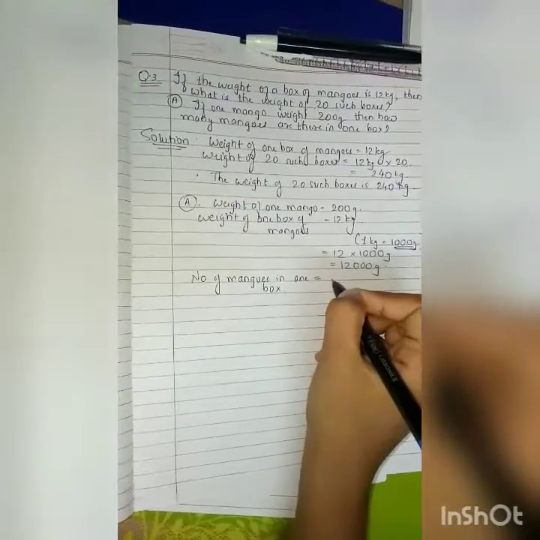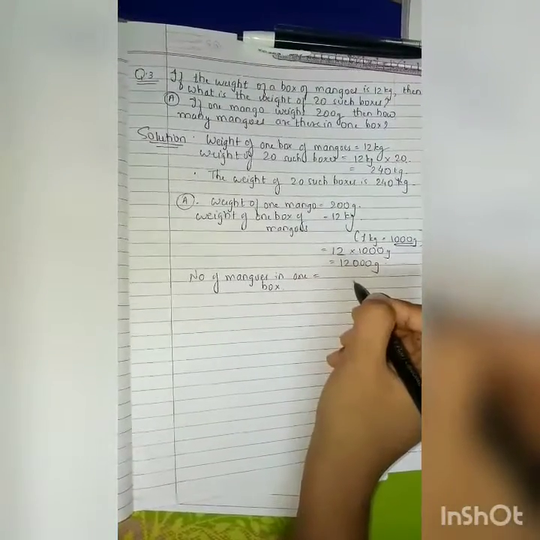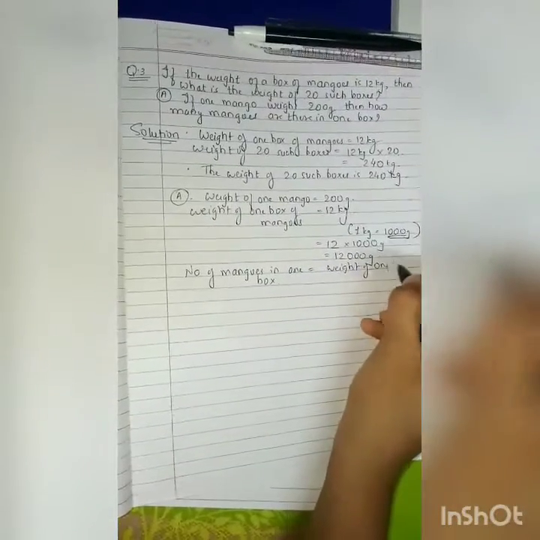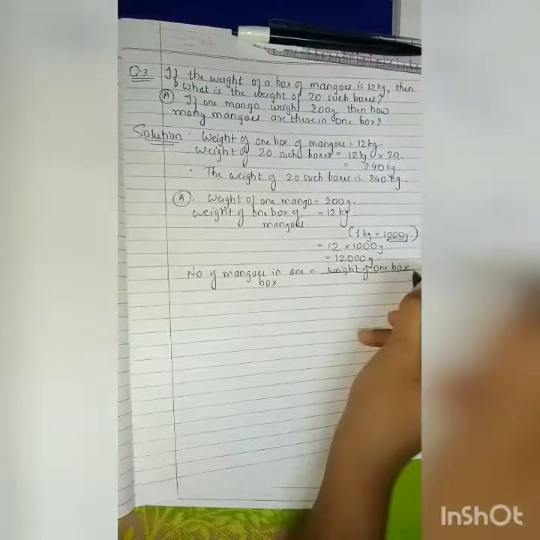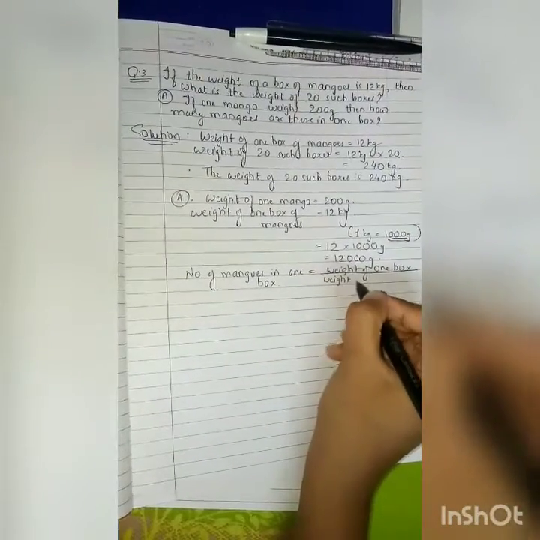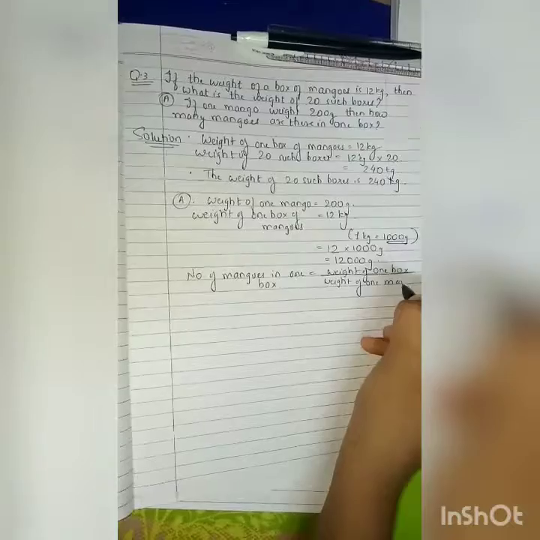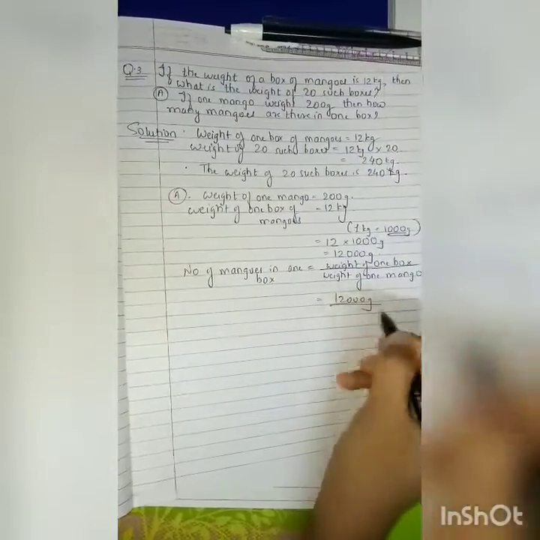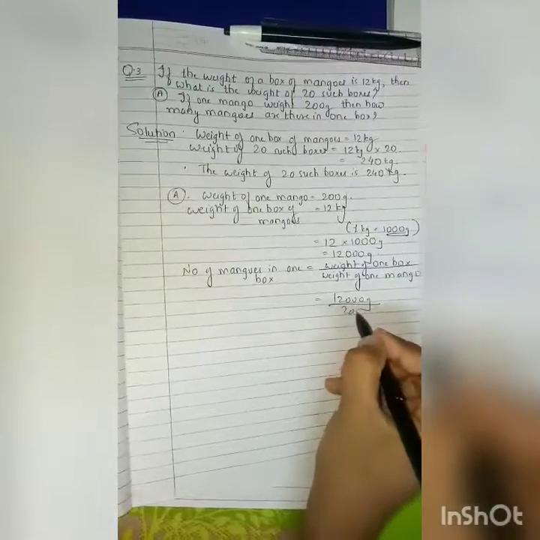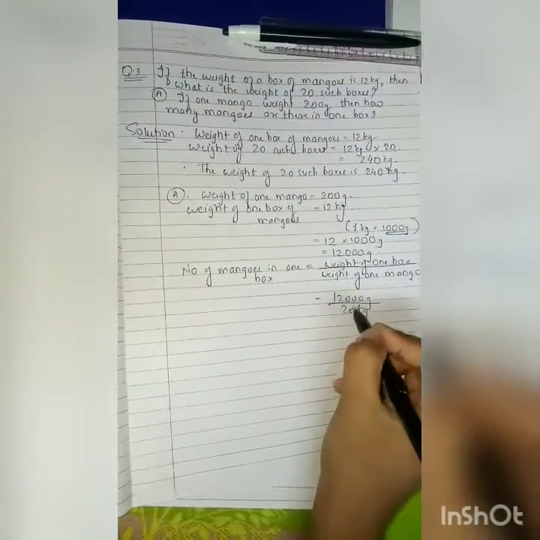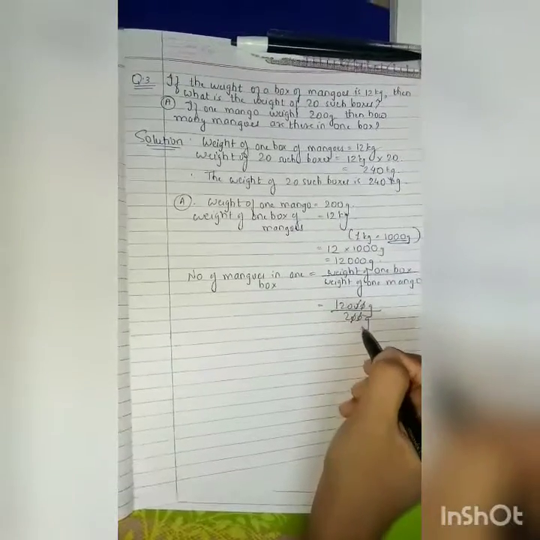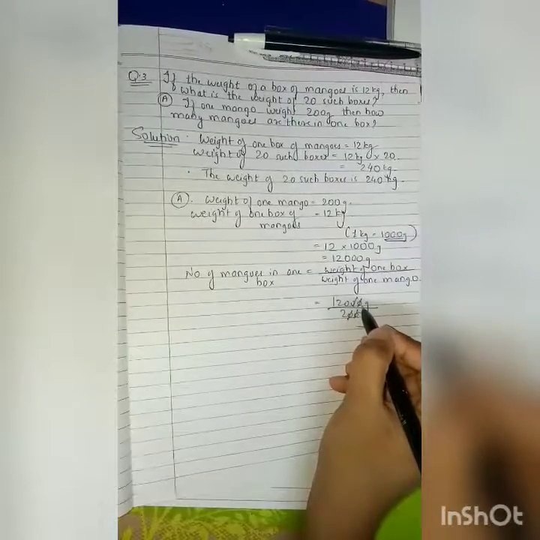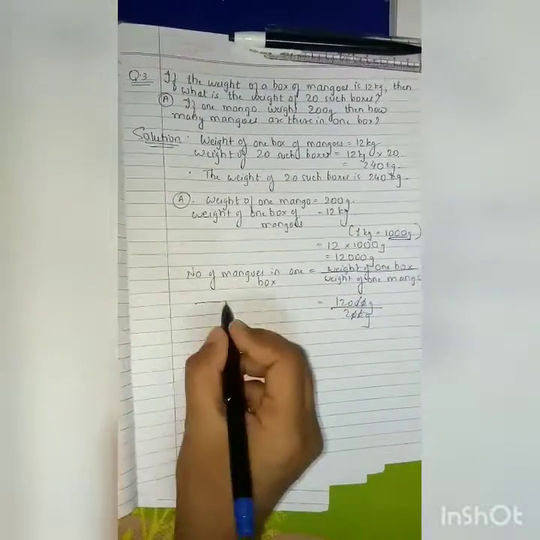We can write the weight of one box divided by the weight of one mango. The weight of one box is 12,000 grams, divided by the weight of one mango, 200 grams. So the zeros will be cut. This is also a simple method. Two zeros and two zeros will be cancelled. Now we will divide.